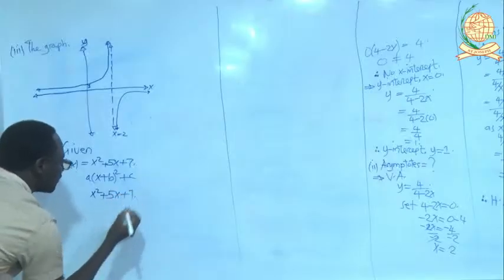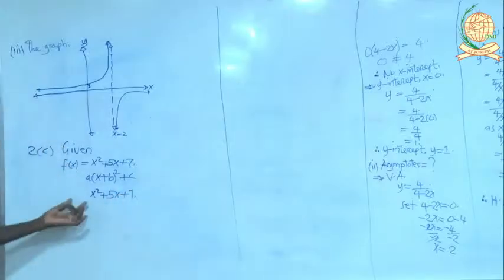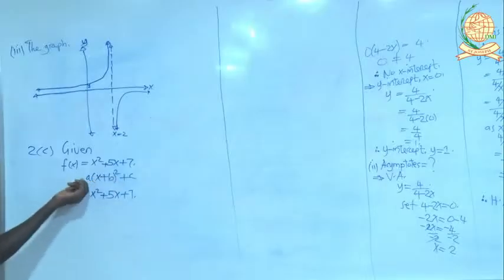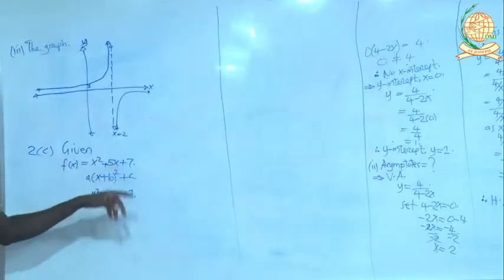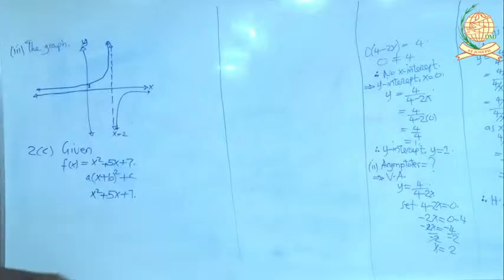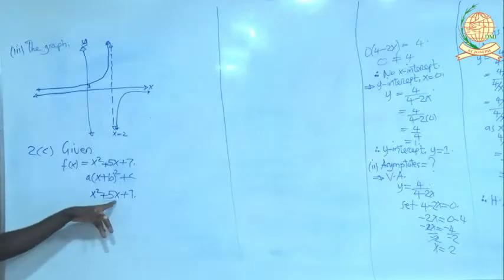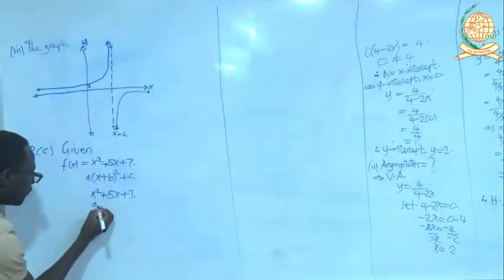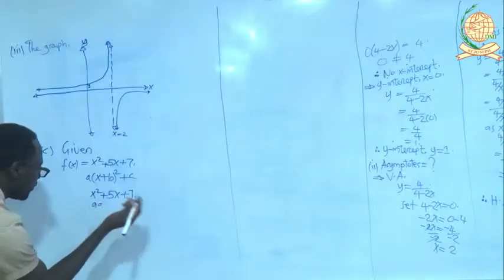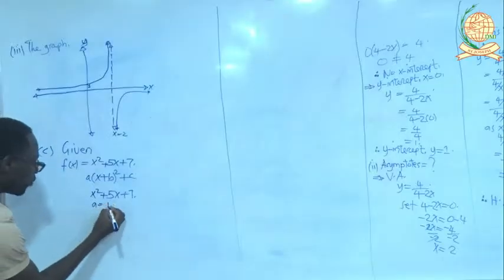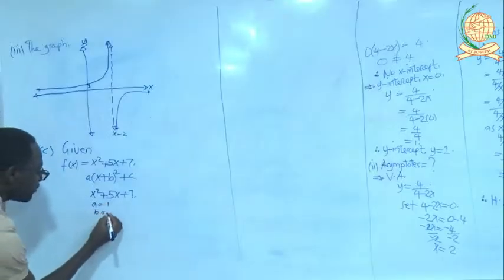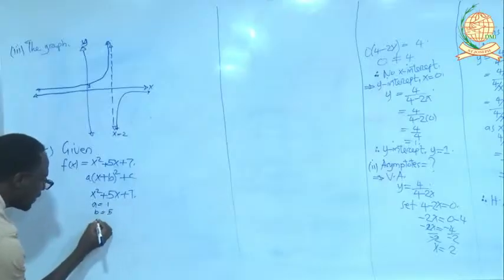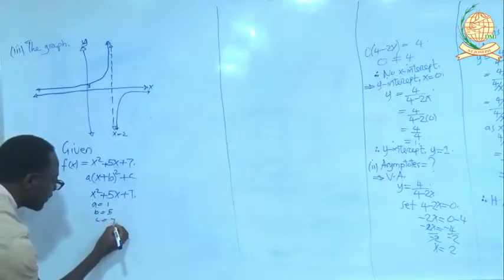Now to express this one in the form of a in bracket x plus b squared, then plus c, identify the value of a, b, and c. Remember, this is a quadratic equation, x squared plus 5x plus 7. If we compare with the quadratic equation, a is equal to 1, b is equal to 5, and c is equal to 7.